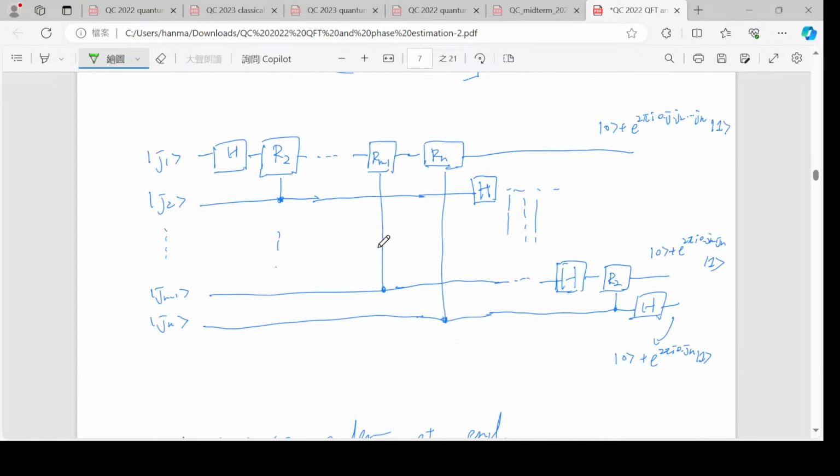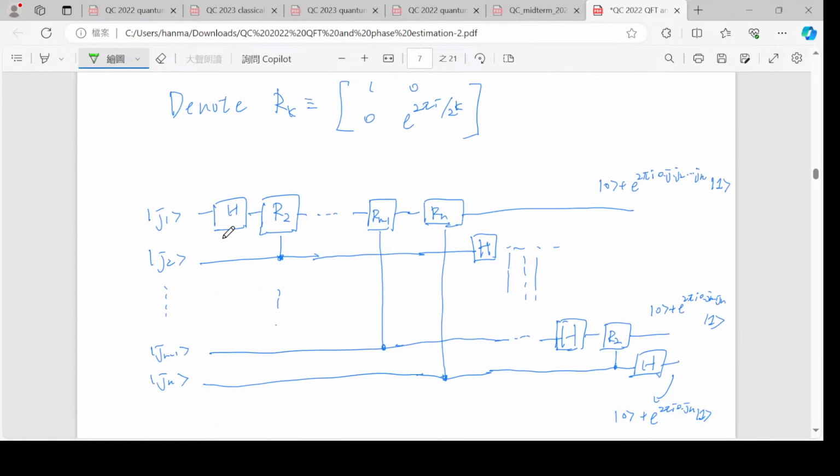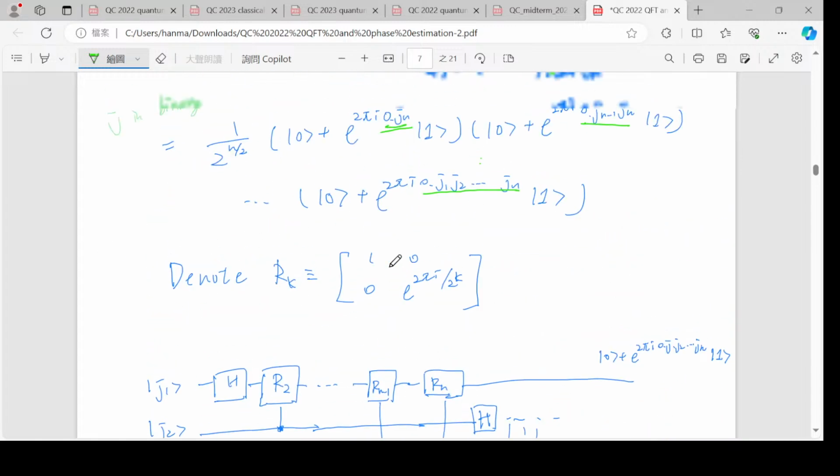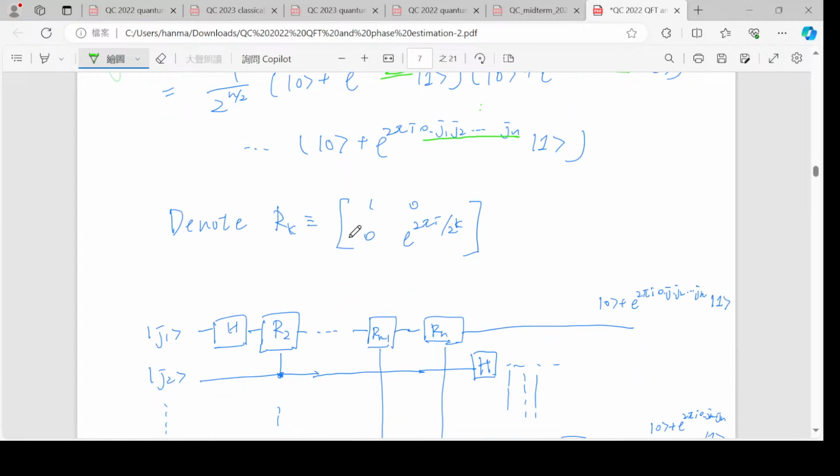Okay, so what do we do? What we do is we rotate the first qubit into this thing. First we make it into 0 plus e to the 2 pi i 0.j1 with this Hadamard.